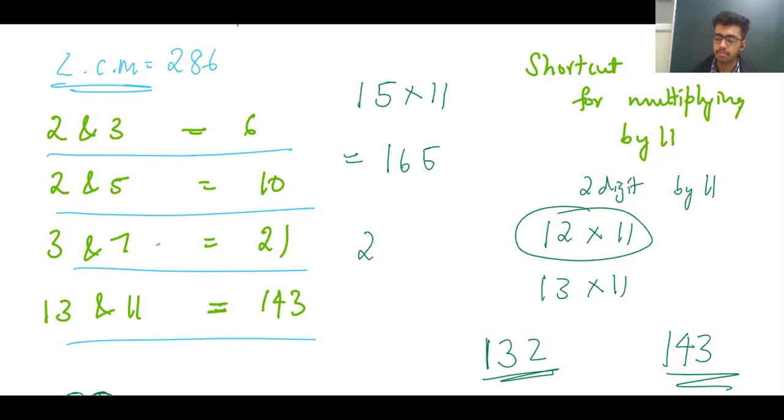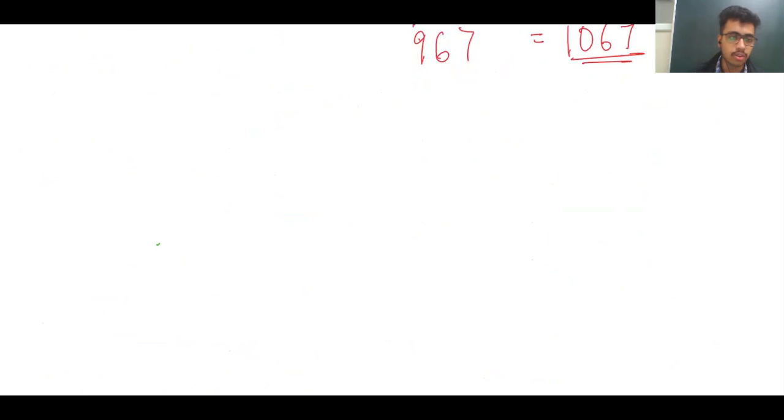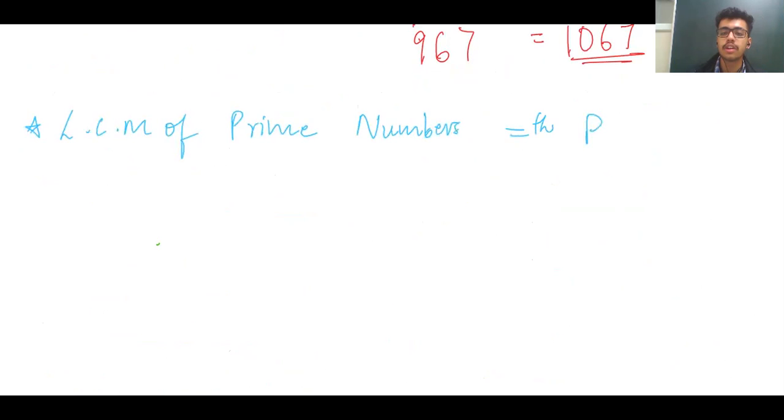Then 13 multiplied by 11 is 143. So the rule is, so take down this rule, that LCM of prime numbers is equal to their product.